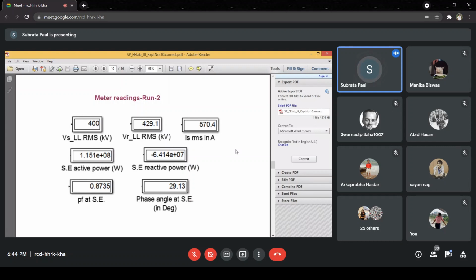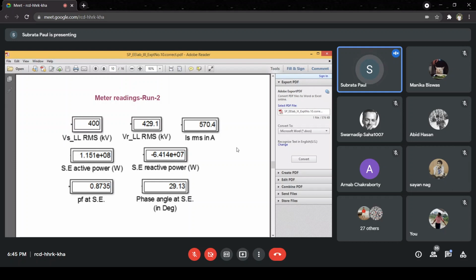Do you have any idea about the implication of this minus sign? Minus indicates capacitive. When we say sending end active power or sending end reactive power, we mean the active or reactive power delivered by the sending end to the line.